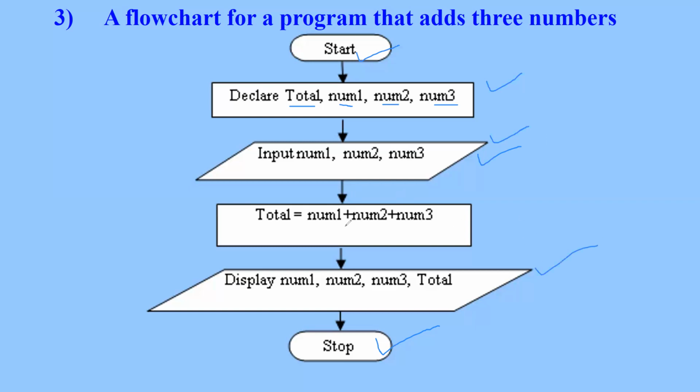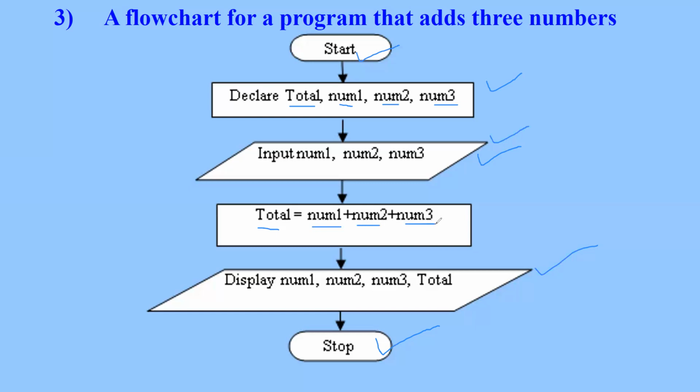Once the values have been input, the next thing is to carry out the computation. We calculate total. So total will equal what is stored in memory location num1, plus what is in memory location num2, plus what is in memory location num3.